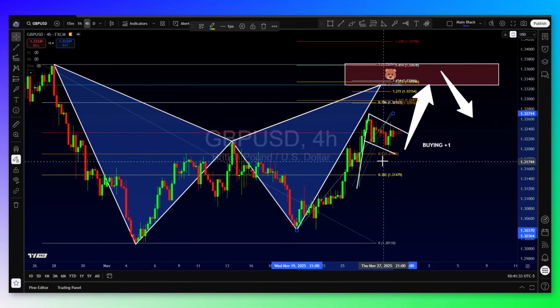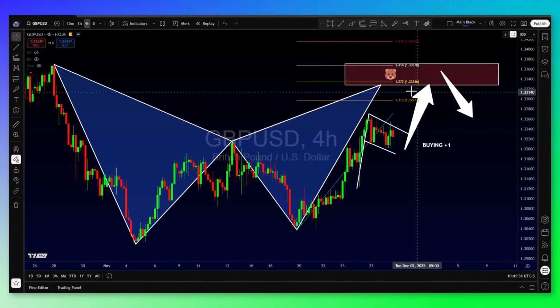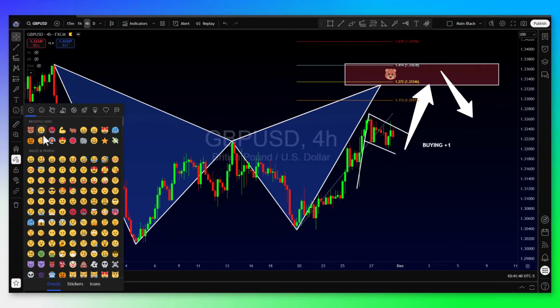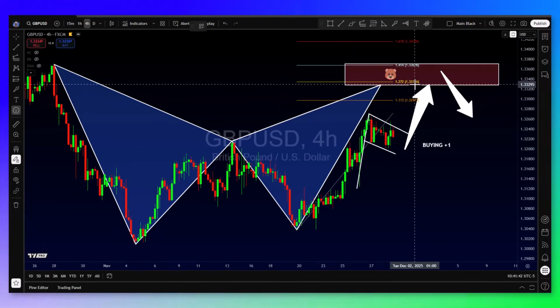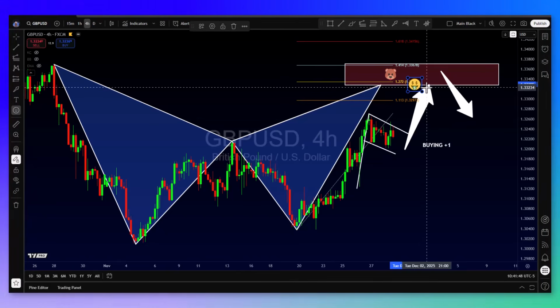So just interesting that both of those patterns line up at the same place. The point is, if you are buying the flag, you are probably looking to take profit somewhere around this area. So the same area in which you're looking to take profit would be the same area that our bat pattern traders are looking to get involved in.